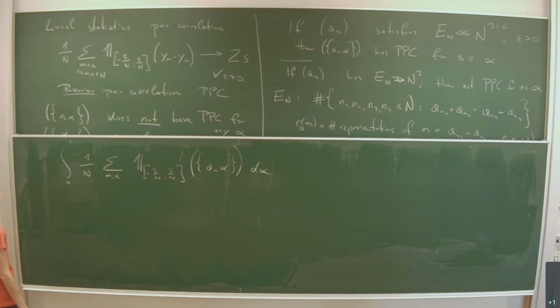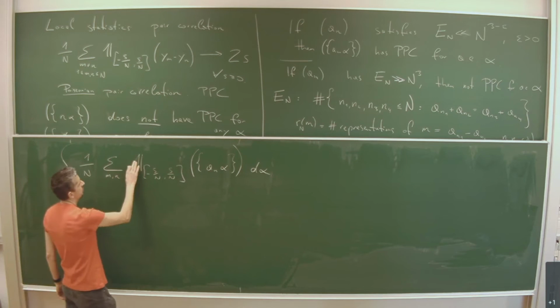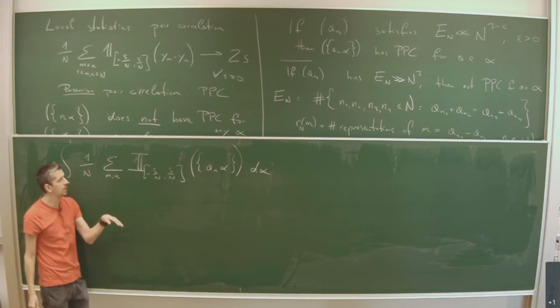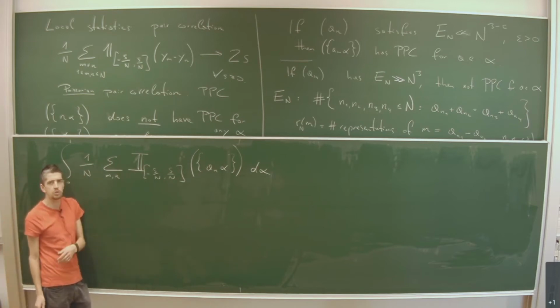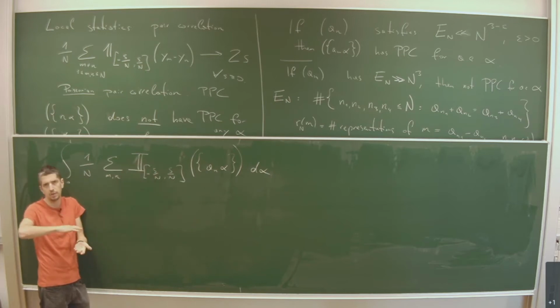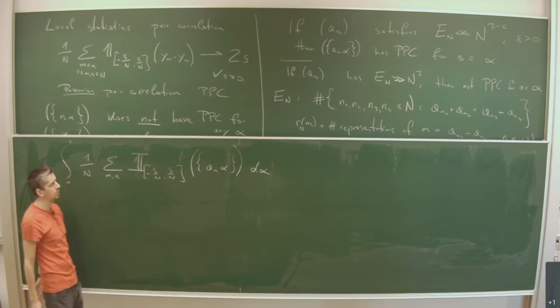And then we also try to estimate the second moment. So let me write, instead of this 1, let me write an I for the same indicator function, but normalized in such a way that it has the average 0. So we subtract the integral from the indicator function so that the average of the indicator function is 0 instead of 2s over n.